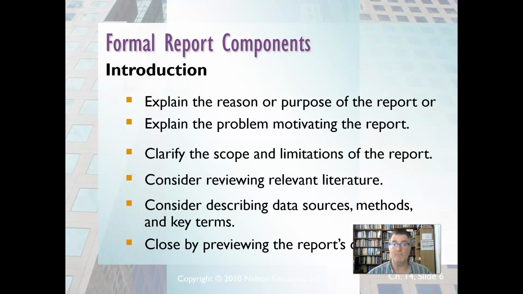There's nothing wrong with that, and it is clearly relevant because it is a paper written from that area. So they are looking at and watching things on a daily basis rather than kind of parachuting someone in somewhere to follow up with an issue. So relevant literature, why is it relevant? How is it relevant? Describing data sources, methods, and key terms.